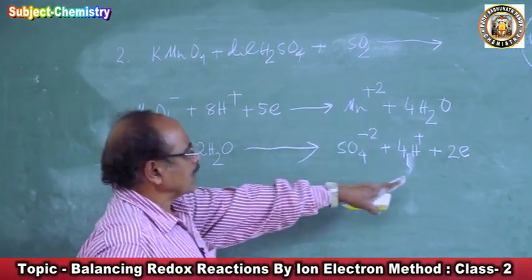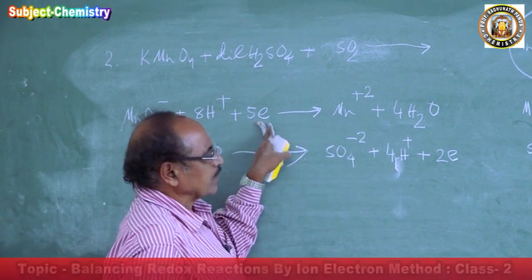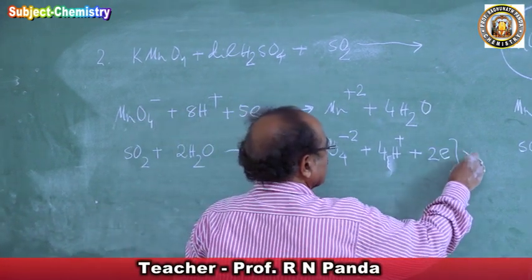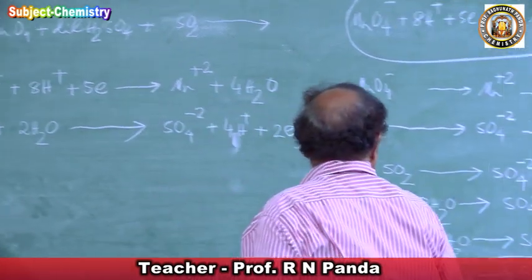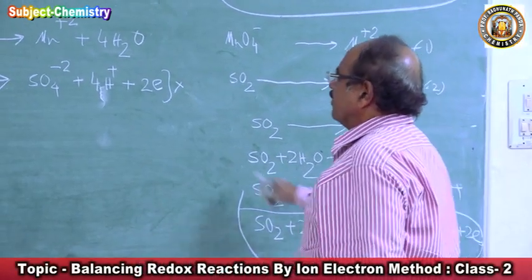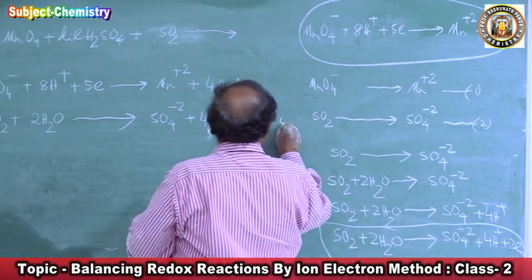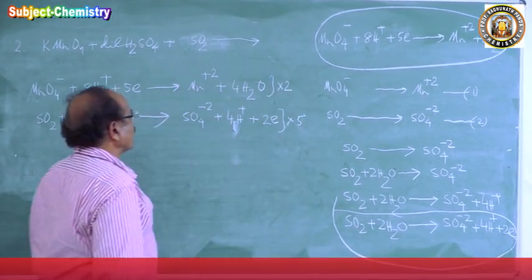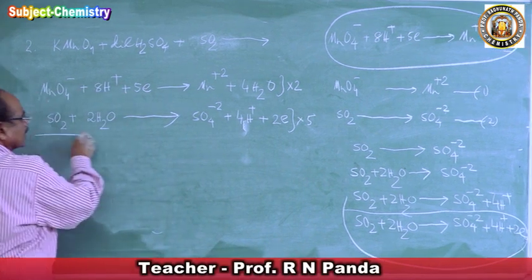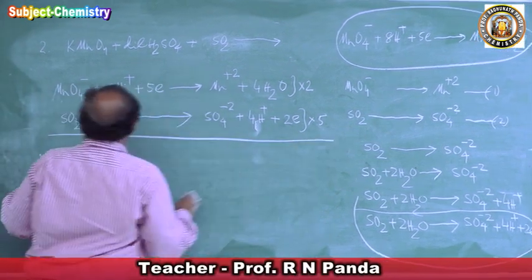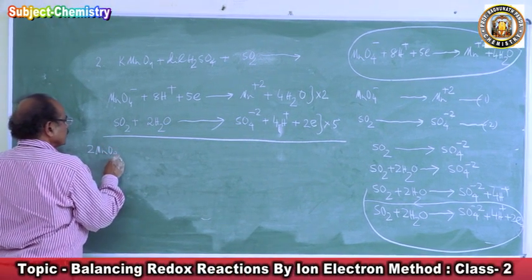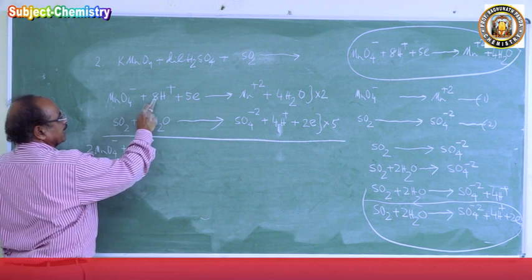So you have 2 electrons in here and 5 electrons there. To balance this, we'll multiply this by 5 and this by 2. And now add the equations. So we got 2 MnO4 minus plus 8H plus.